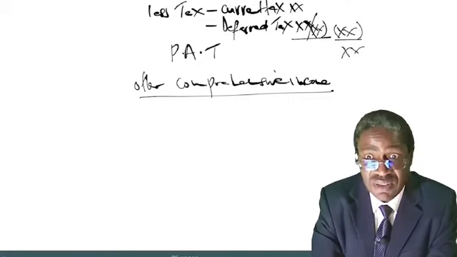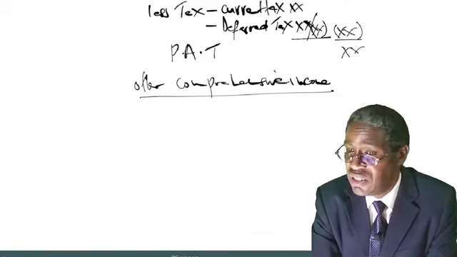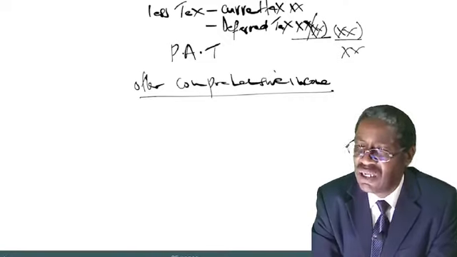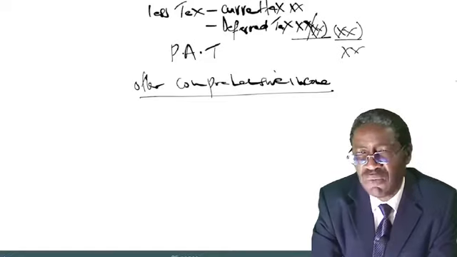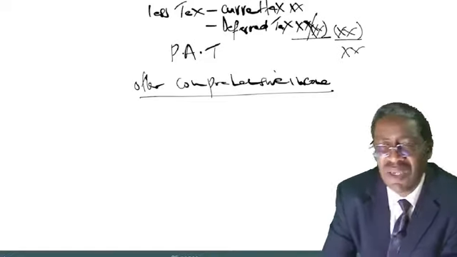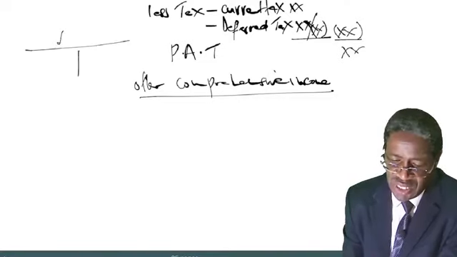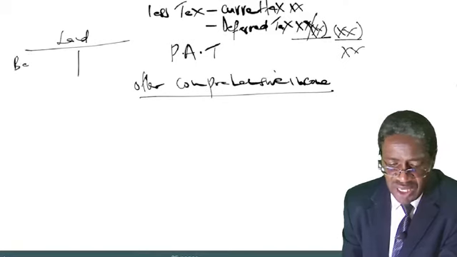Then that gain is what can be classified as an example of other comprehensive incomes. Let me give an example. Your company has an asset, let's call it land, for example. This land has a book value of, let's say, 100 million.